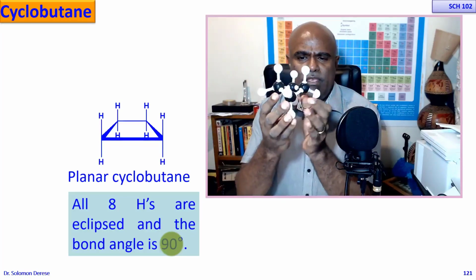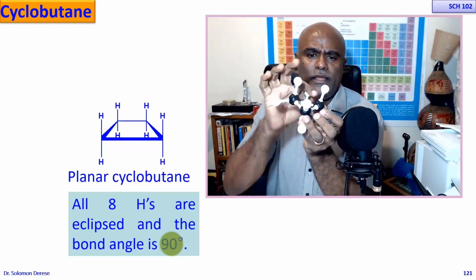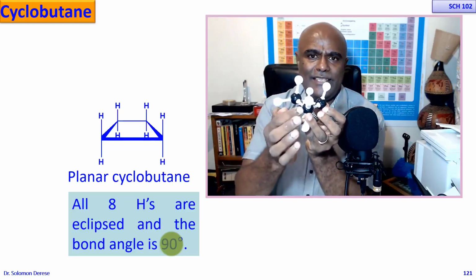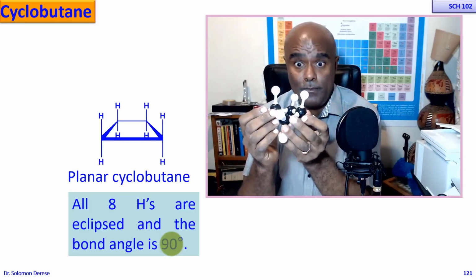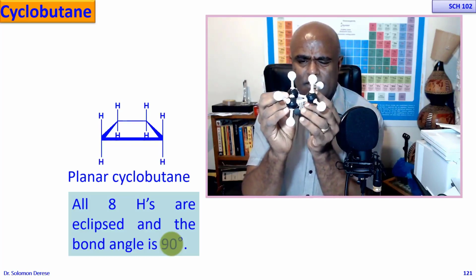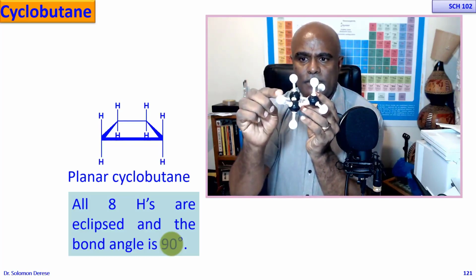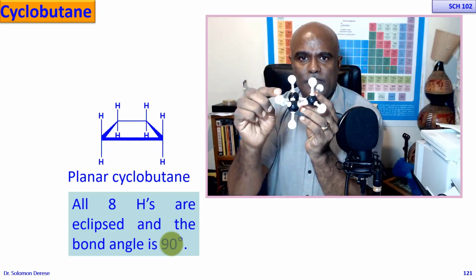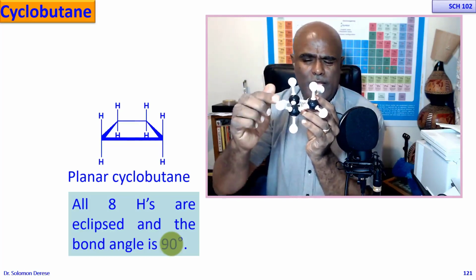So these three, this one, that one, and this one, are in the same plane, but this one is out of plane. So now when that happens, it is possible that if you look at it like this, these two hydrogens, since they were in the same plane in the planar cyclobutane, were eclipsing each other.